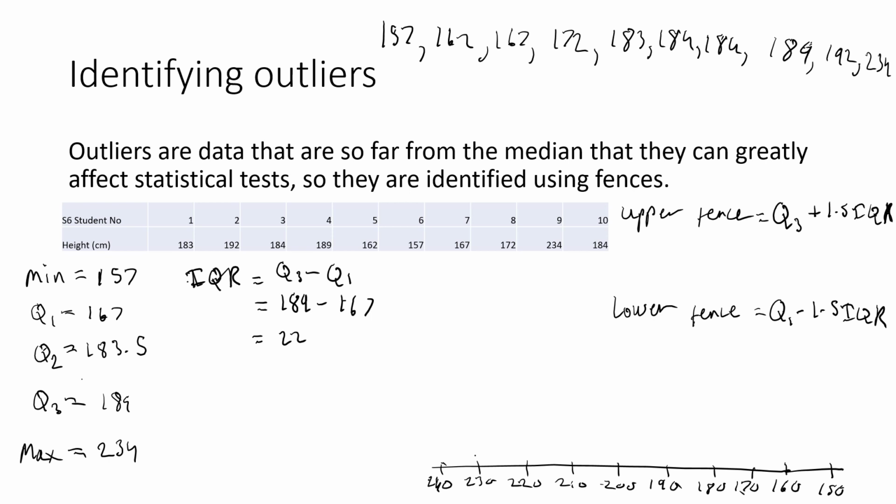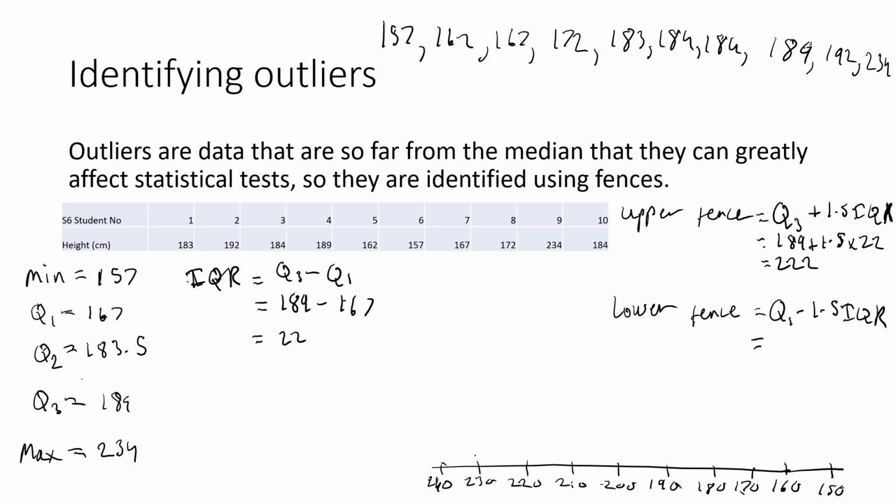So let's do the upper fence first. Quartile 3 is 189 plus 1.5 times 22. And that gives us 222.